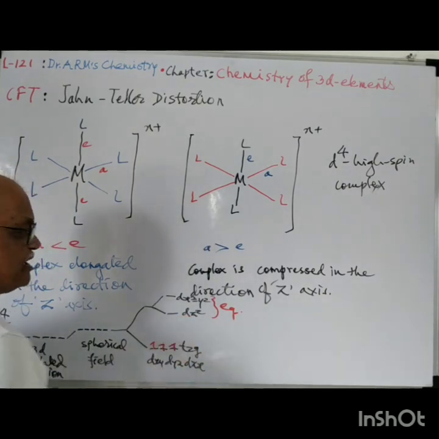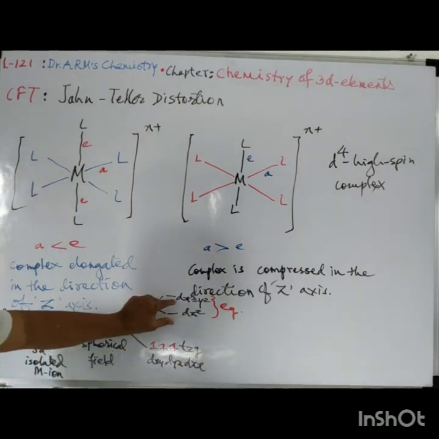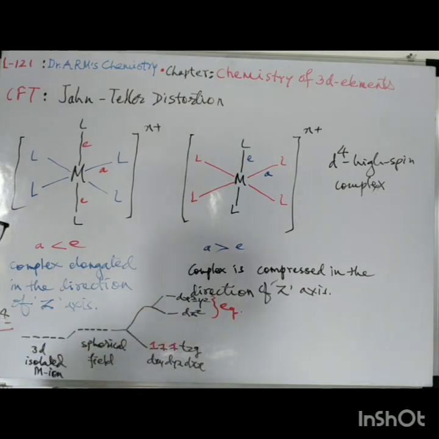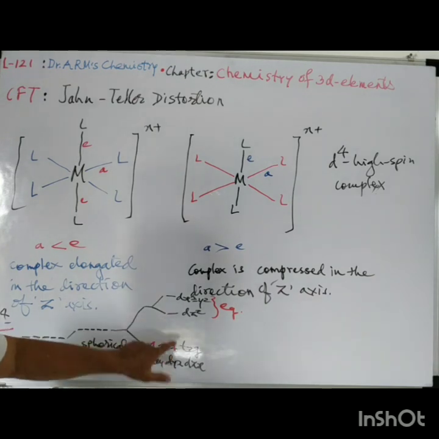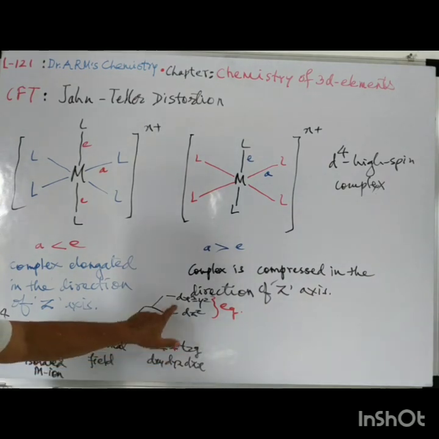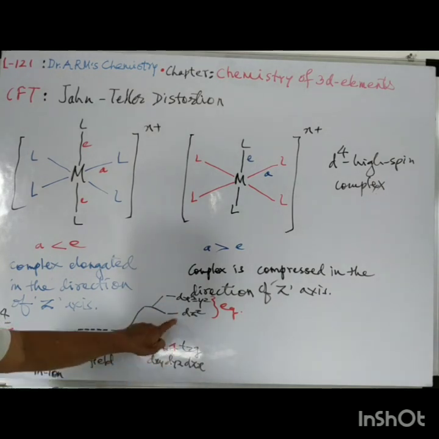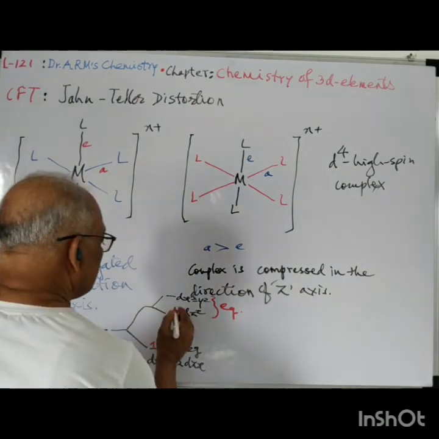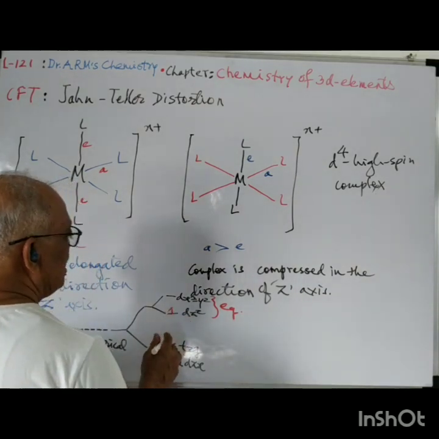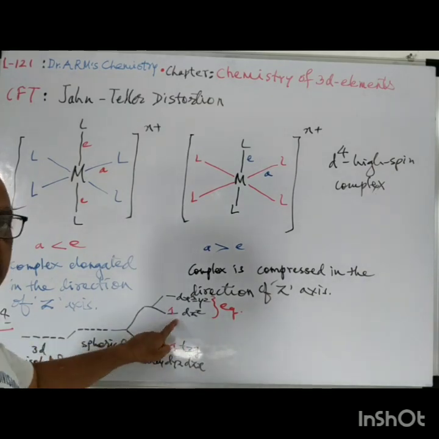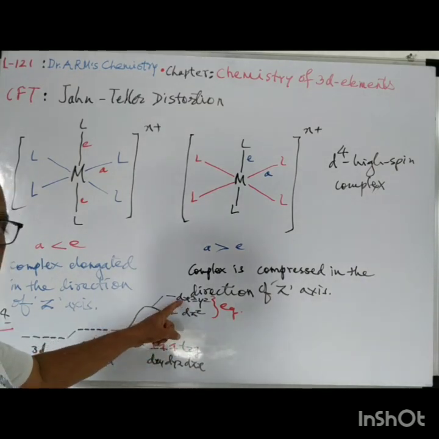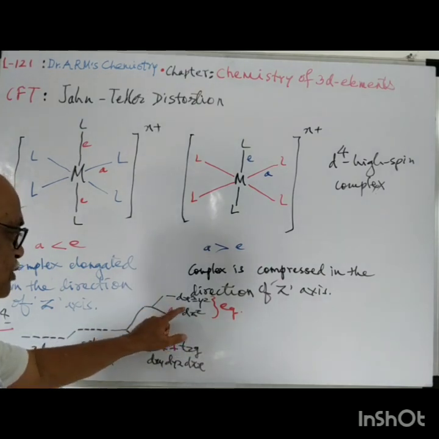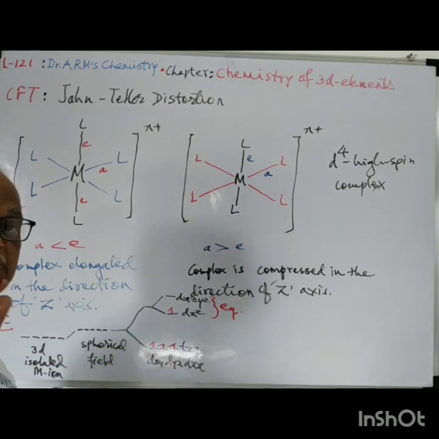Initially the dz2 and dx2-y2 are degenerate. But since there is only one electron available for distribution, it can enter into the dz2 orbital, which is lower in energy. It may also enter the other orbital, but out of these two, the dz2 becomes lower in energy.